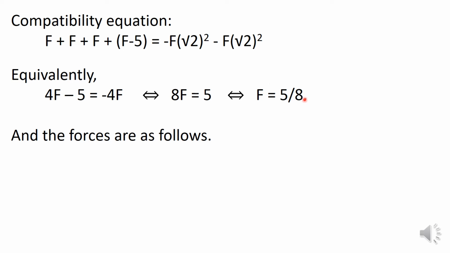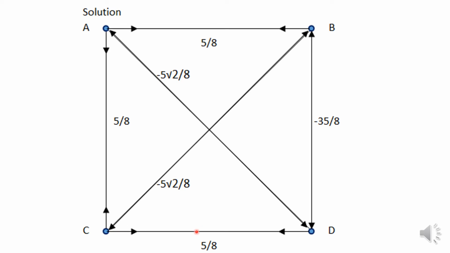So once you have obtained F, you can substitute into the diagram with the combined forces, with the superposed forces, and you will get the forces as follows. So it's 5 over 8 here, minus 35 over 8 here, 5 over 8, and so on.